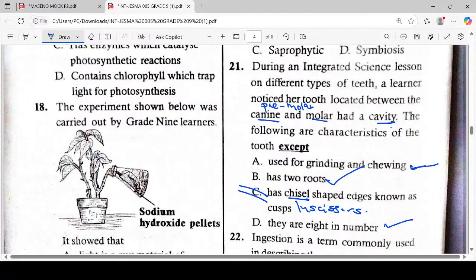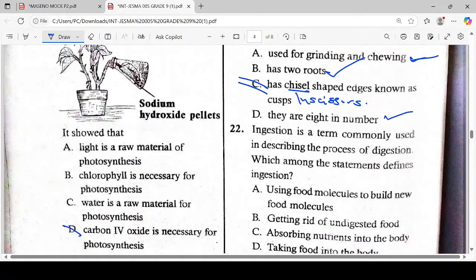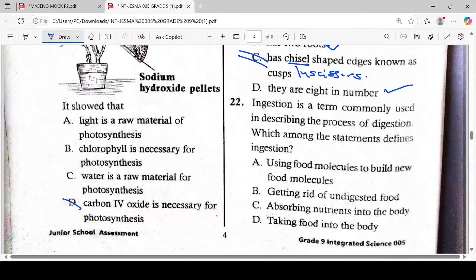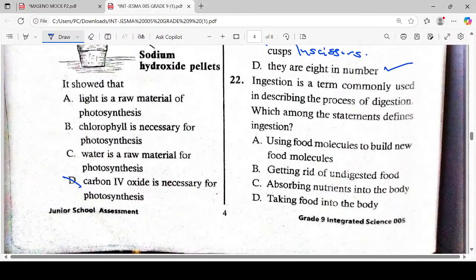Question number 22. Ingestion is a common term used in describing the process of digestion. Which of the following statements defines ingestion? Use of food molecules to build new molecules? No. Getting rid of undigested food materials? That is egestion.